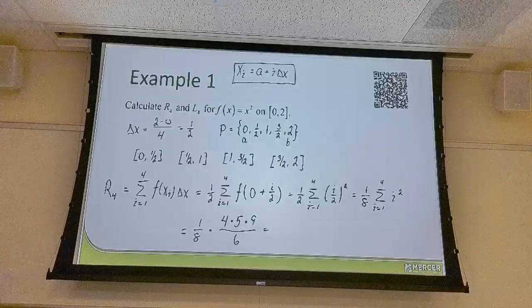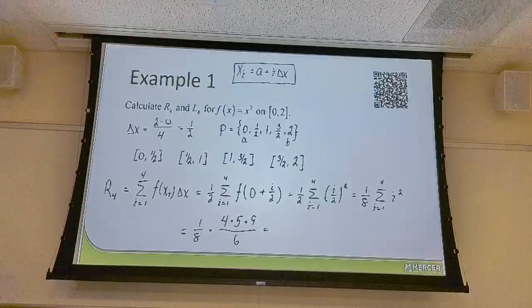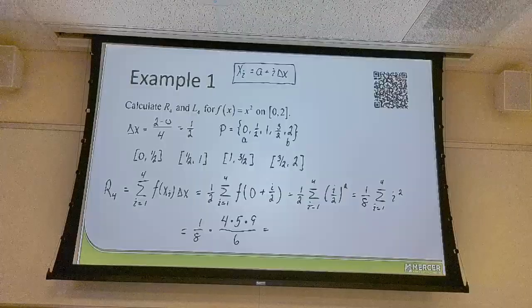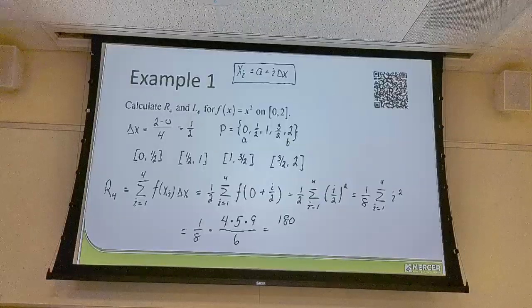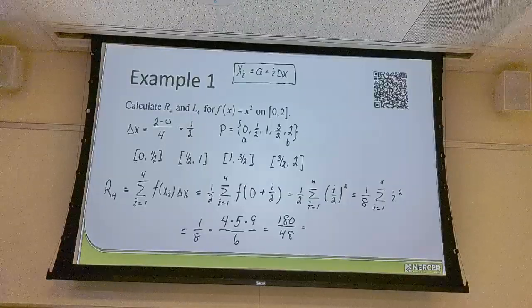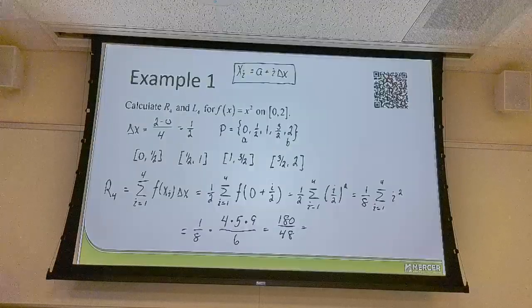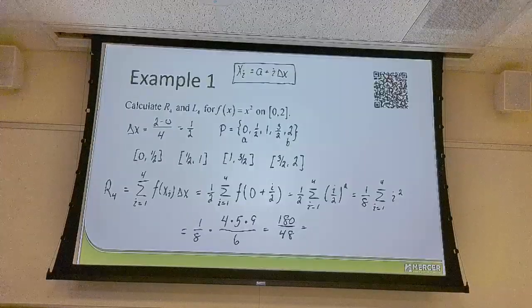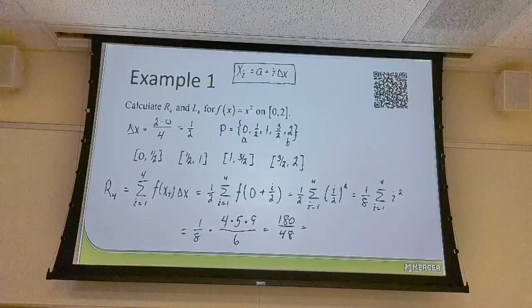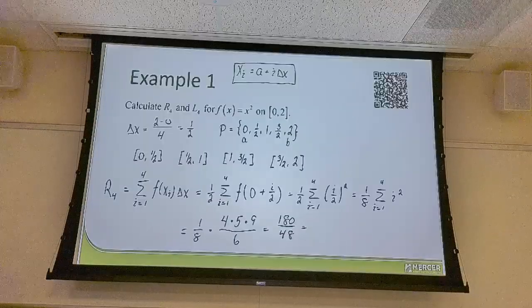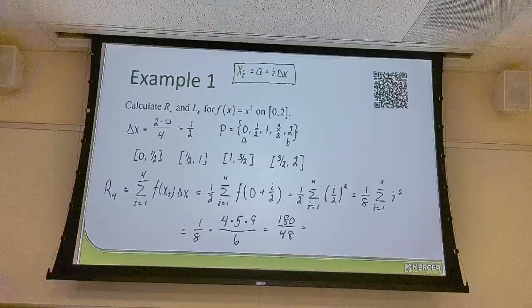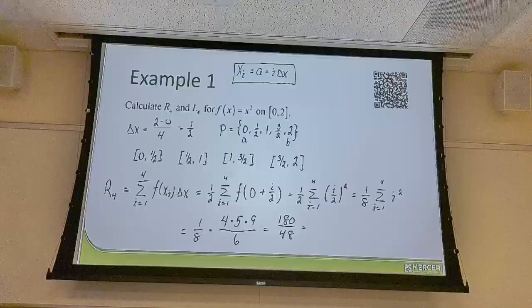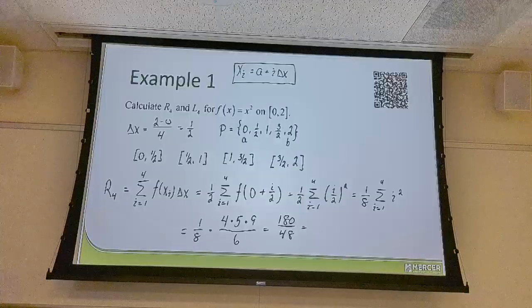Technically 180 divided by 48. There's at least a 2. There's actually a 4. It'll be 45 over 12.